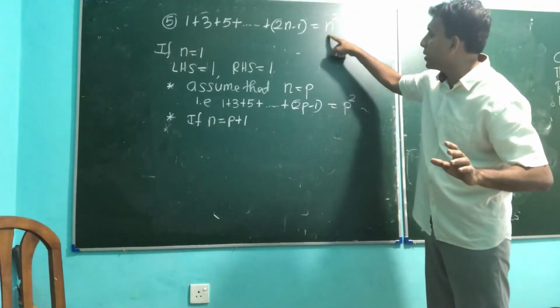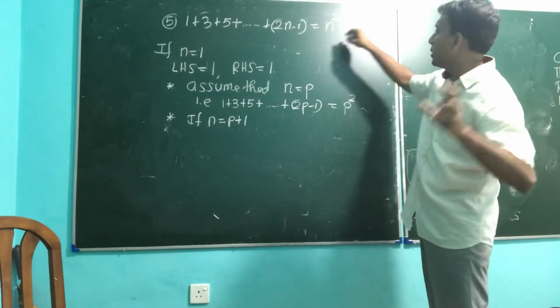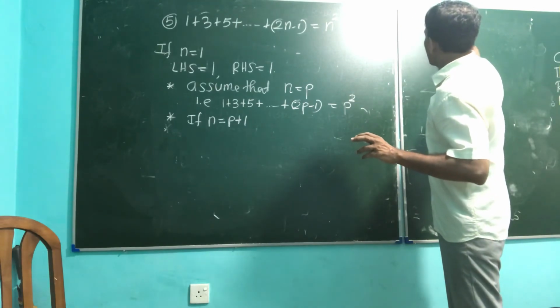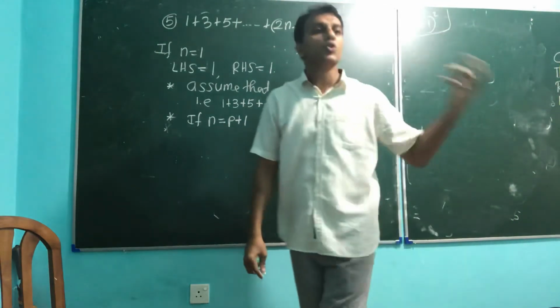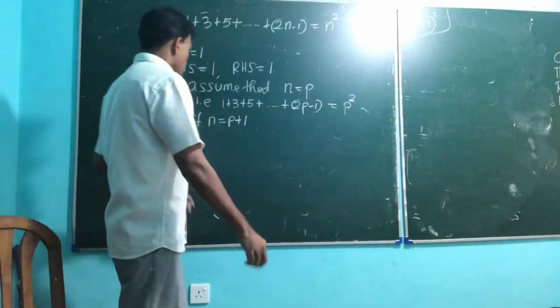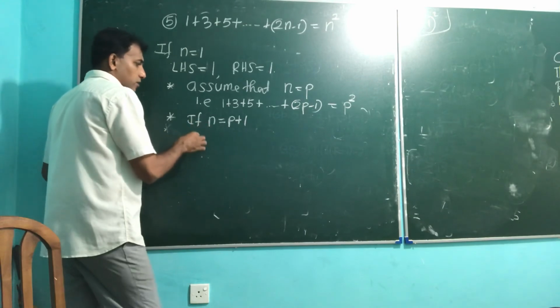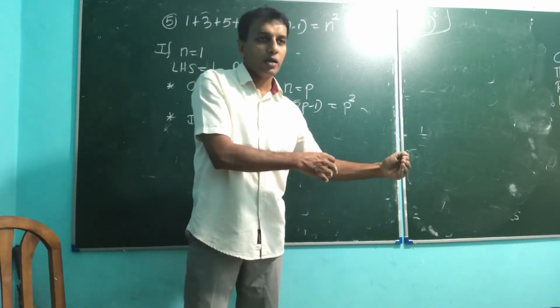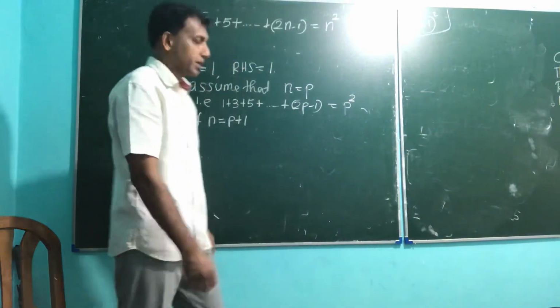Put n as p plus 1: you should get (p plus 1) square as the answer. So n equal p plus 1 means write up to p, and next write the (p plus 1)th term.